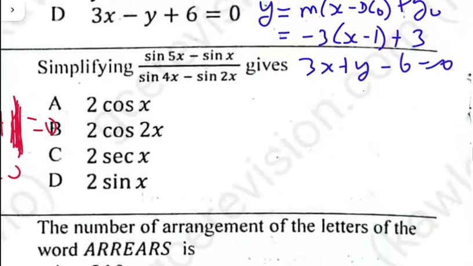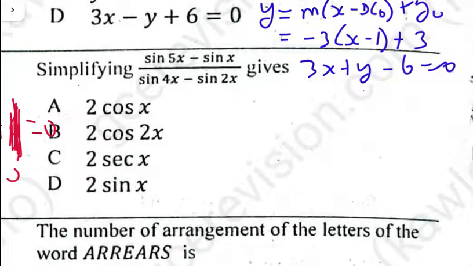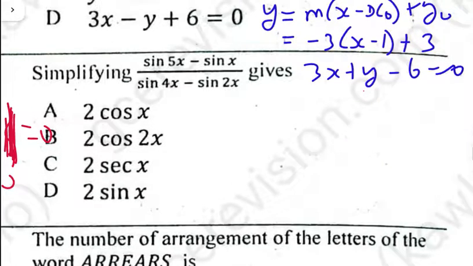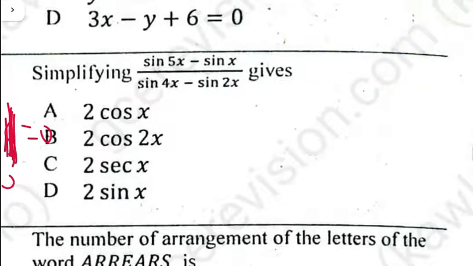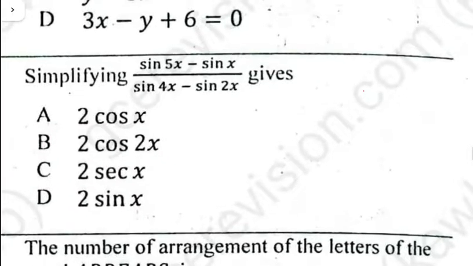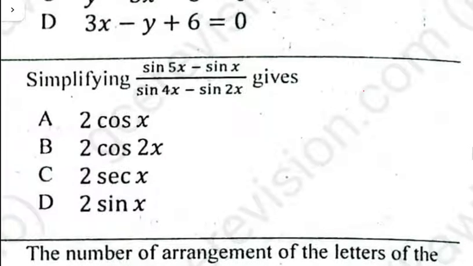Question 9. So let's go to question 9. Sin 5x minus sin x all over sin 4x minus sin 2x gives. We want to simplify.